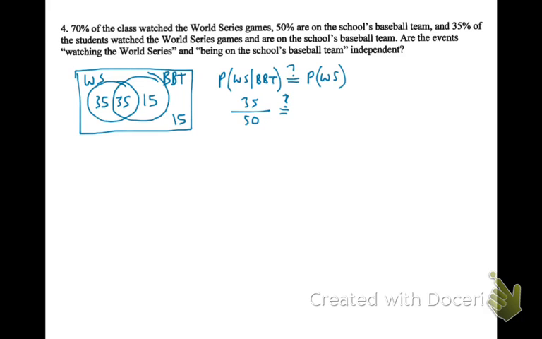Is that equal to the probability of watching the World Series, which is 0.7? If you do 35 divided by 50, you get 0.7. That is equal to 0.7, so that is true. Yes, they are independent.